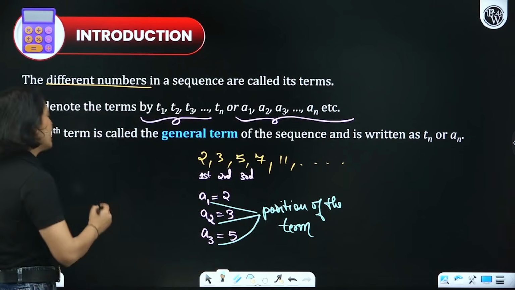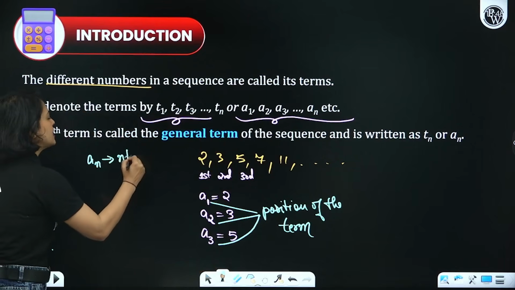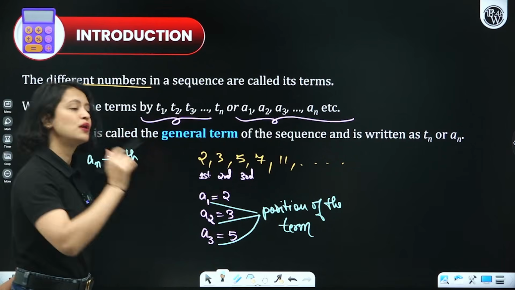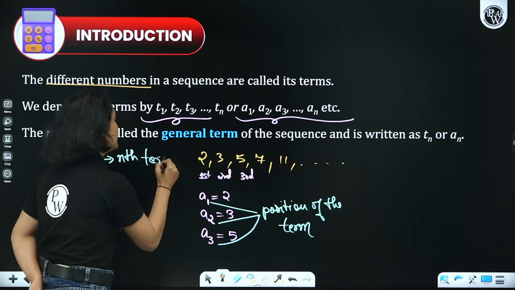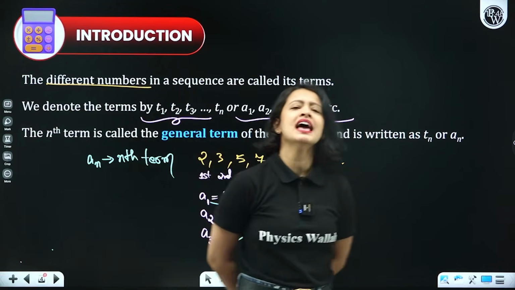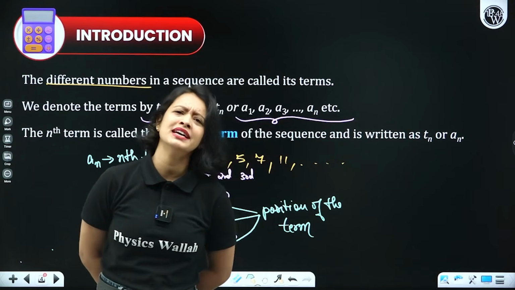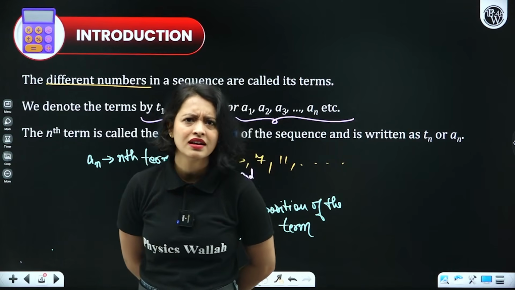Understood? So if I write An, everyone, that means I am talking about the term that occurs at the nth position. Got it? Now this n here, guys, can it be any fraction? Can it be a random decimal like 0.5, 0.6? No, right?